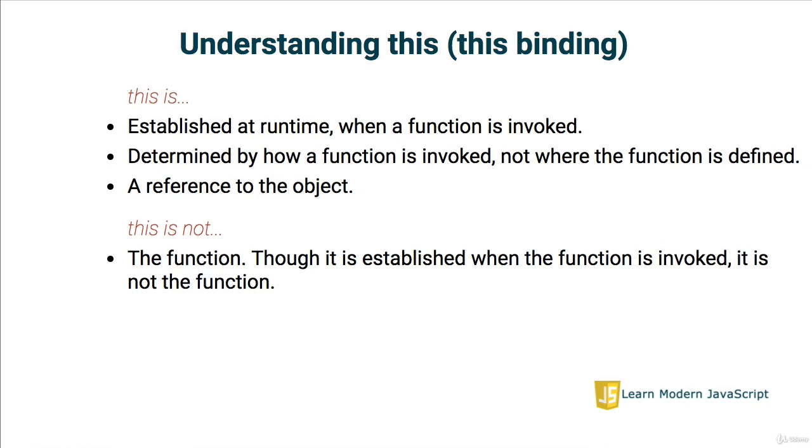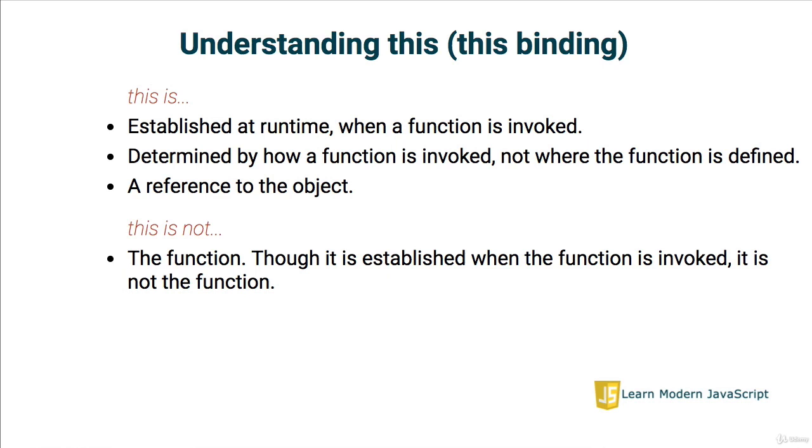Now, understanding this, or understanding what the value of this is in a particular situation, which can also be called this binding, what is bound to this, is based upon some established principles. So let's first describe what this is.